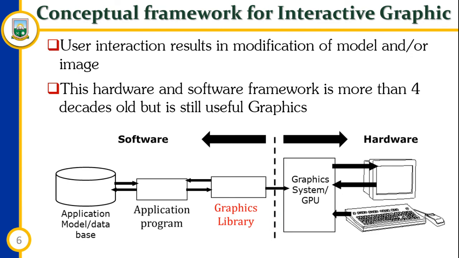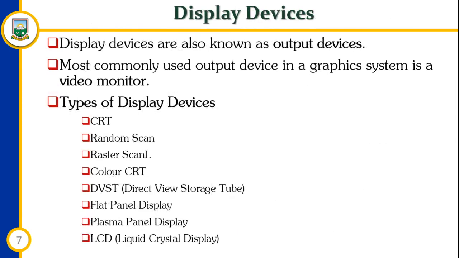Now, still moving on, we have display devices. There are lots of display devices available. Anytime we think about display devices, what comes to mind are output devices, which are the ones that display the information to us.